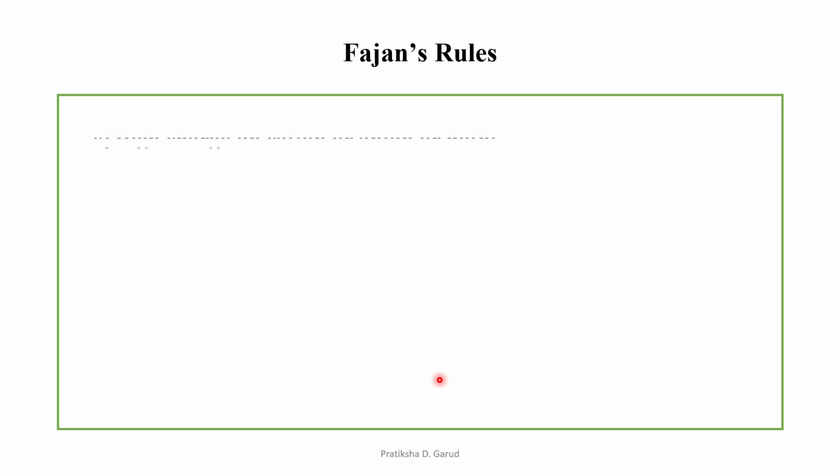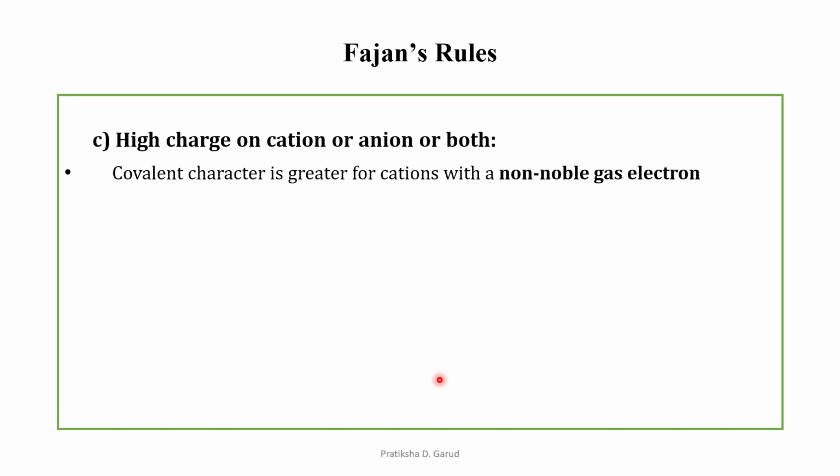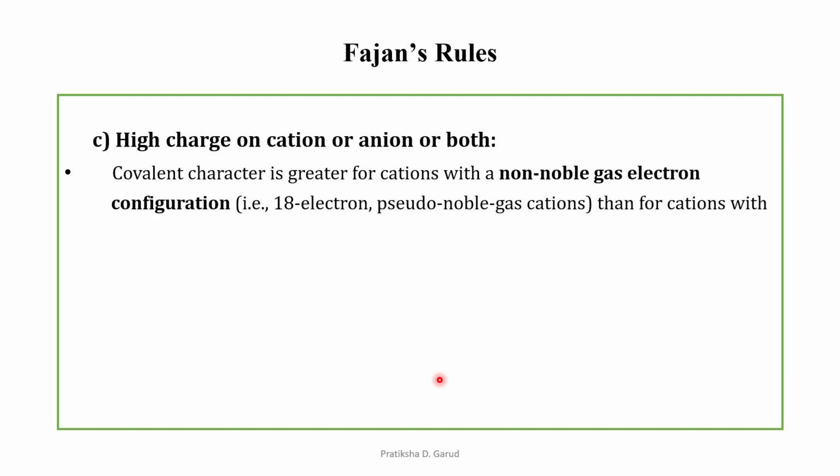Let us consider the third factor, that is a high charge on the cation or the anion or both ions. The covalent bond character is greater for cations with a non-noble gas electron configuration, that is, 18 electron pseudo noble gas cations, than for cations with the true noble gas configuration, that means the 8 electron cations.